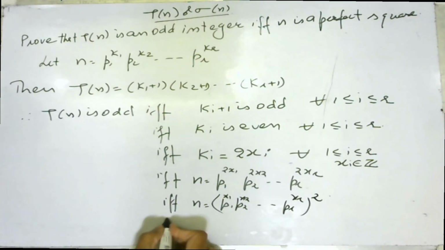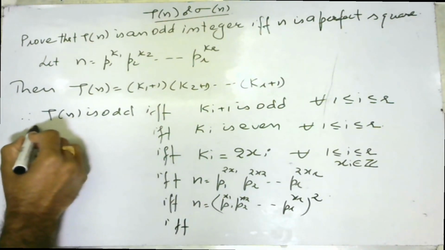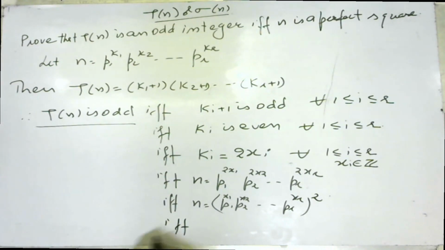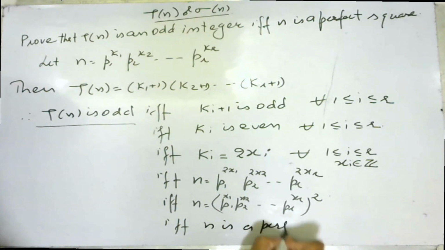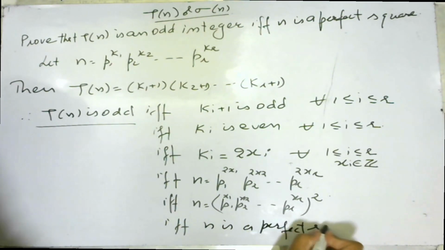So this means, from the left hand side, tau n is odd if and only if n is a perfect square. Answer.